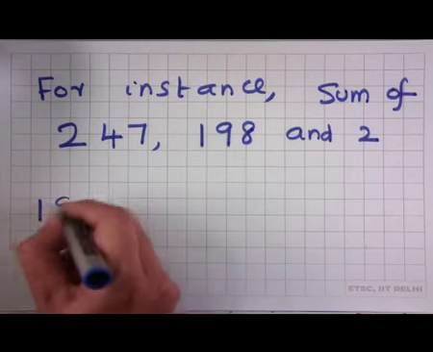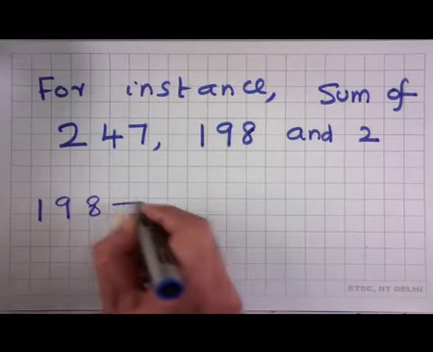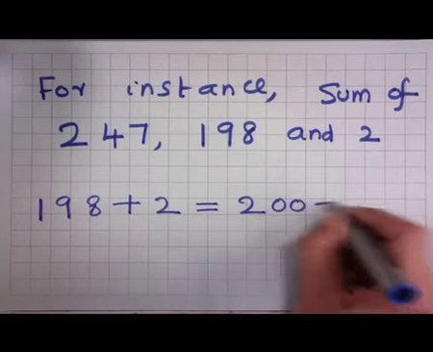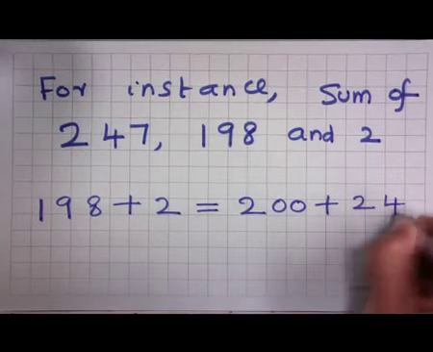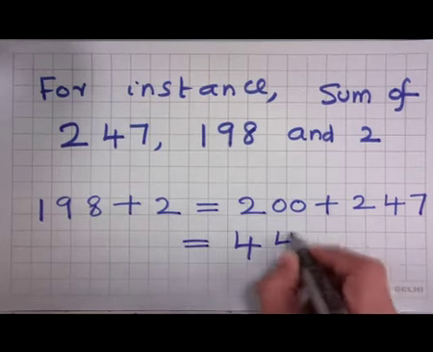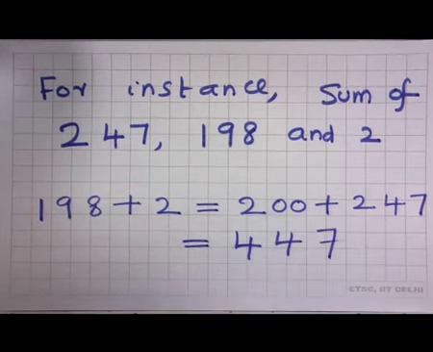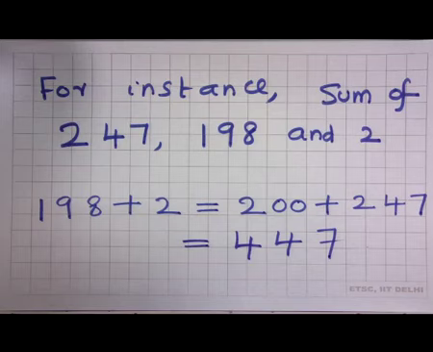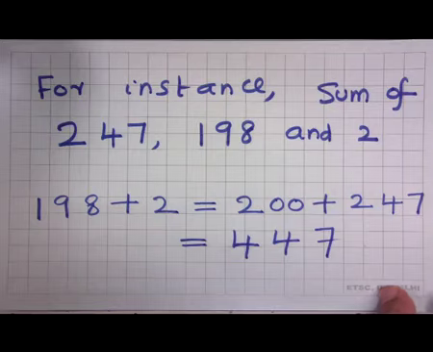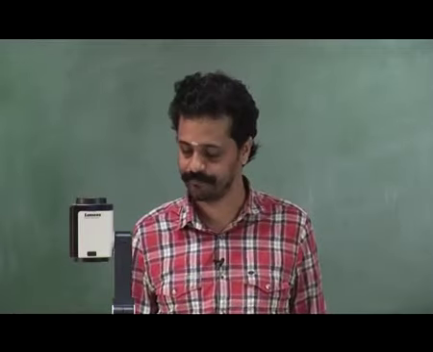However, 198 plus 2 equal to 200, which added up to 247 to yield 447, gives the most convenient order. So, we can always resort to such shortcuts to find sum of finite number of real numbers.